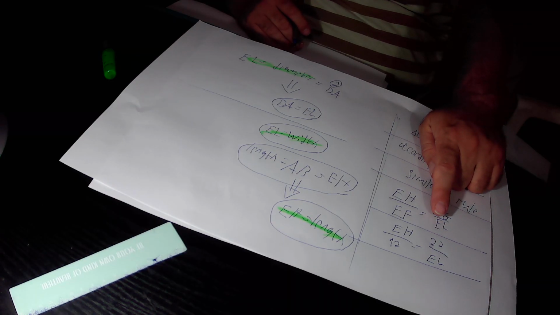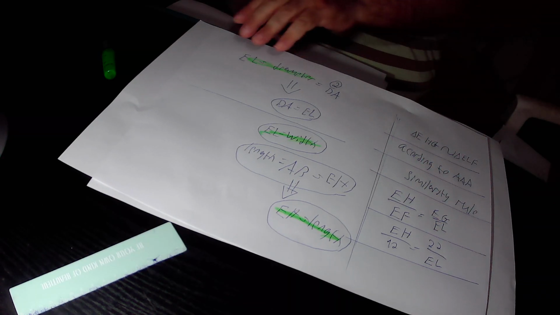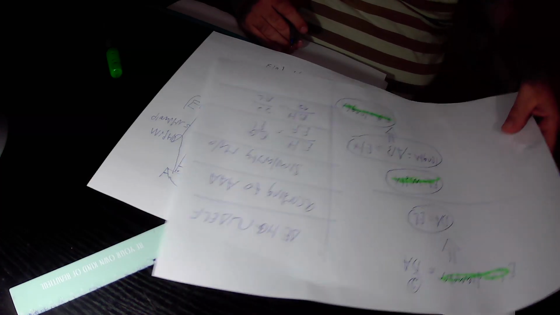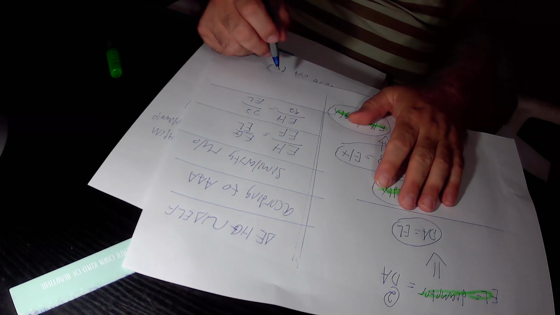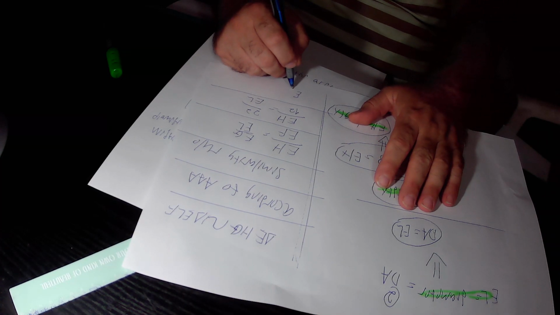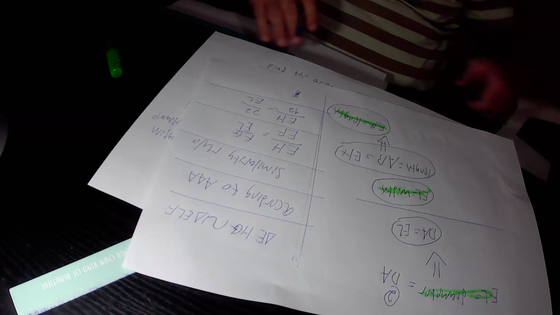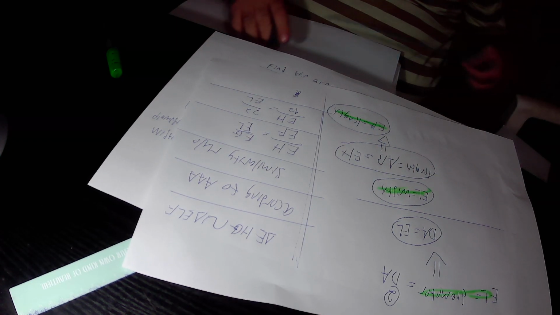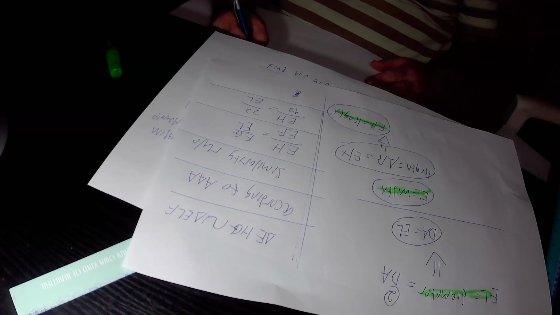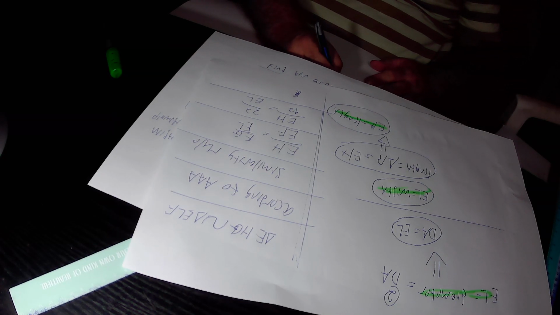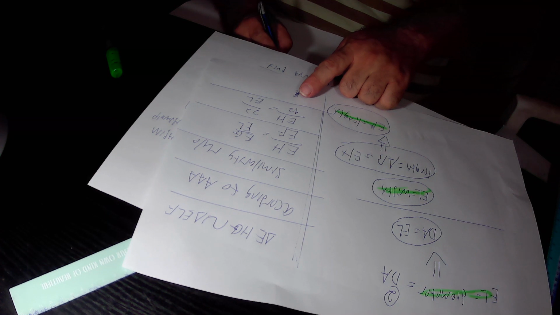Here we cross multiply this equation, and we get EH times EL equals 22 times 12.